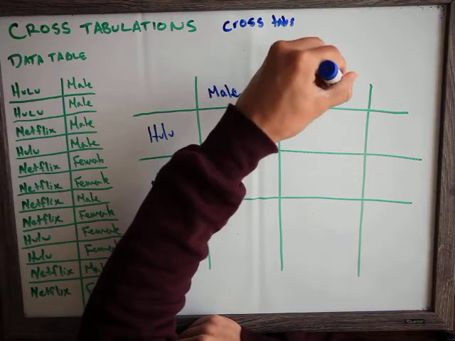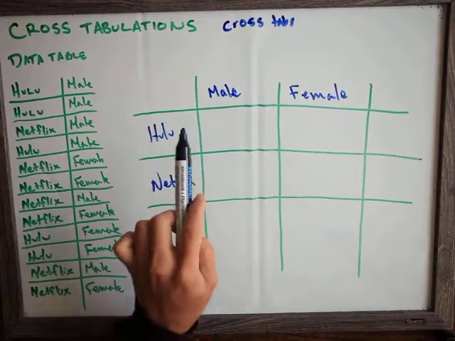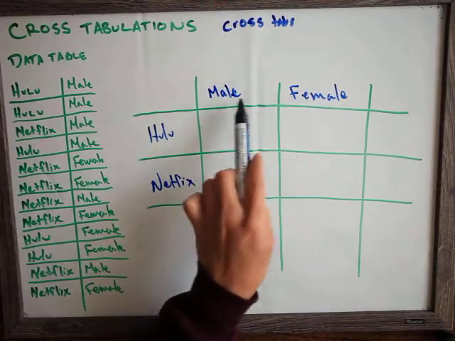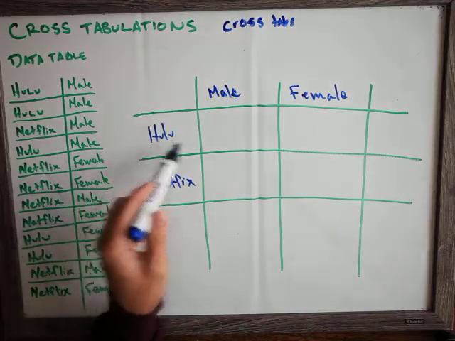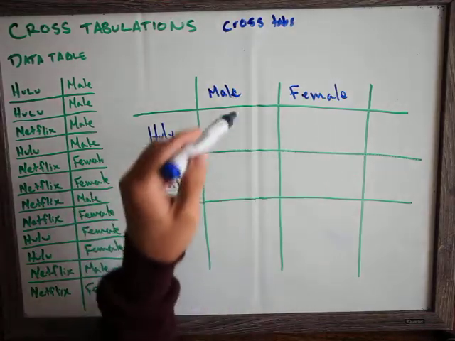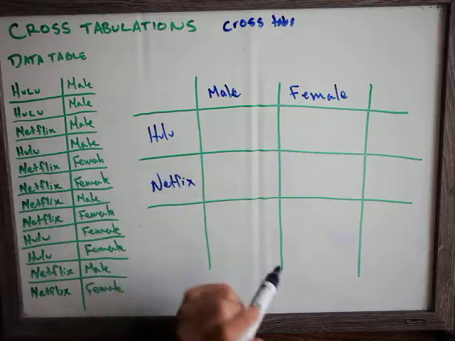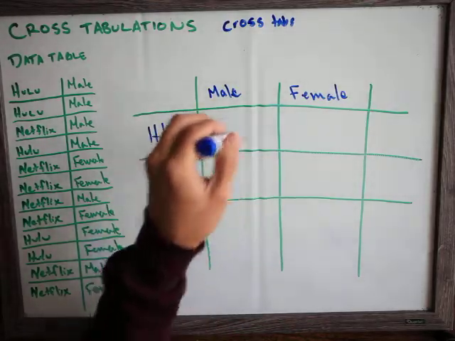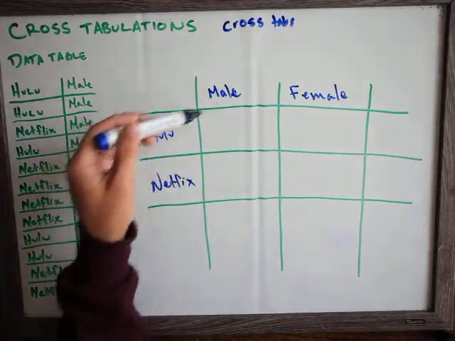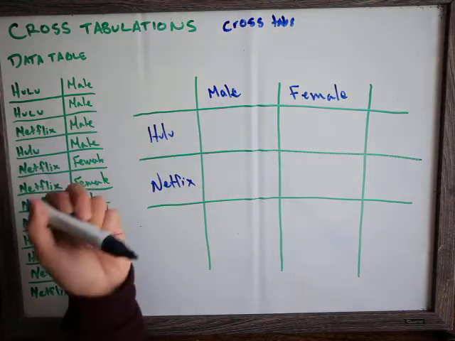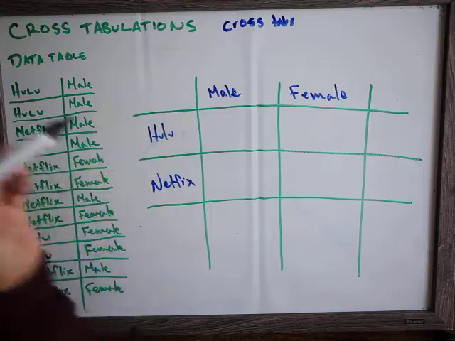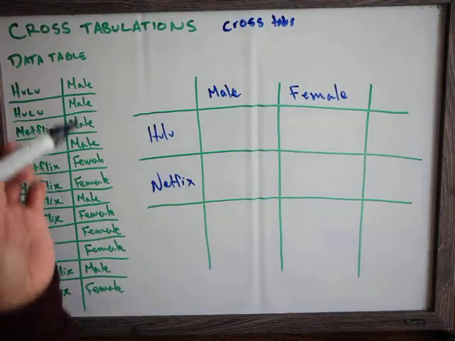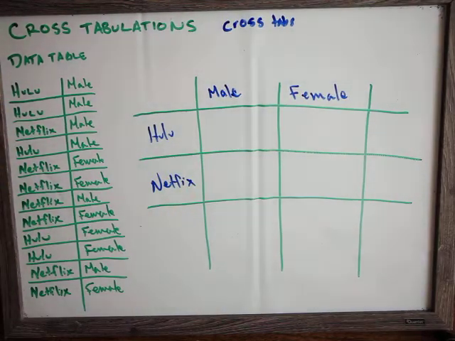So these are the column labels, and these are the row labels. Each of these blocks on the inside where these two variables intersect is called a cell, and each cell will have a number based on how many people correspond to that pairing.